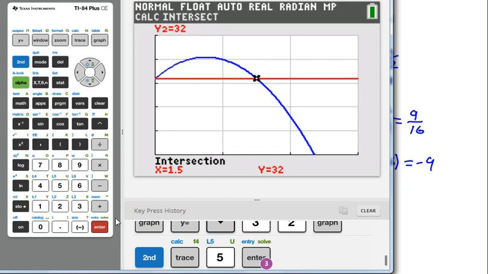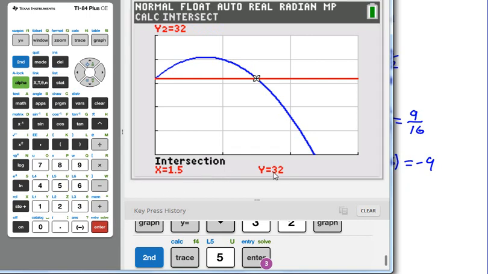Enter, enter, enter, and we can see we have a height again of 32 feet at x equals 1.5 seconds.